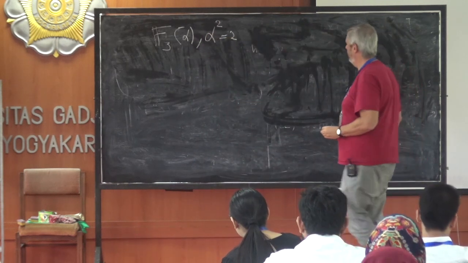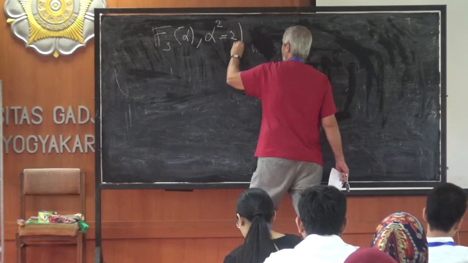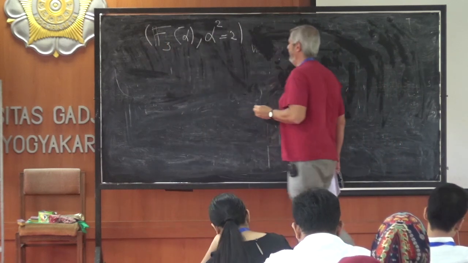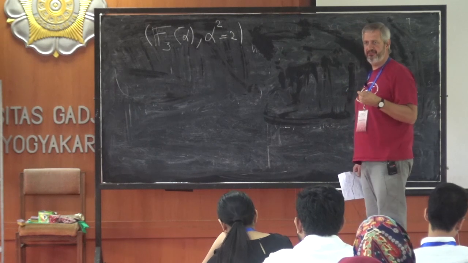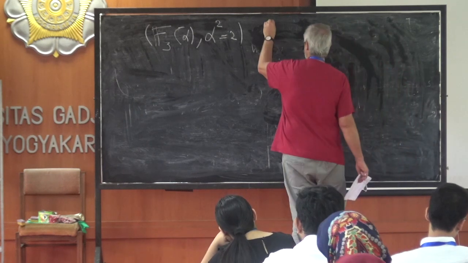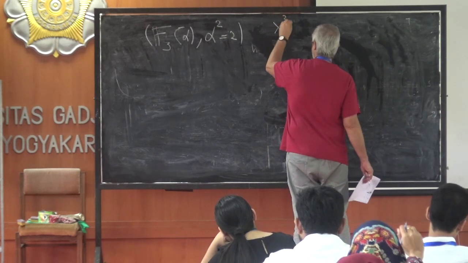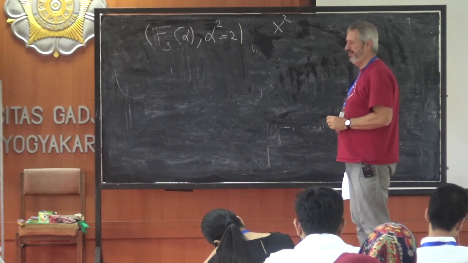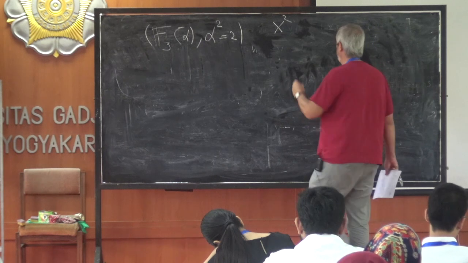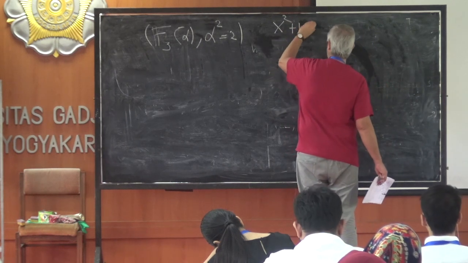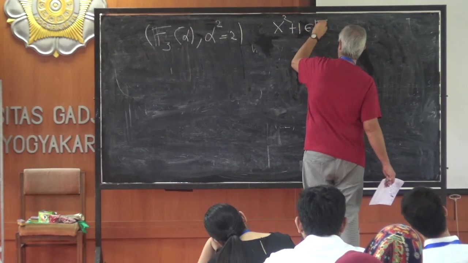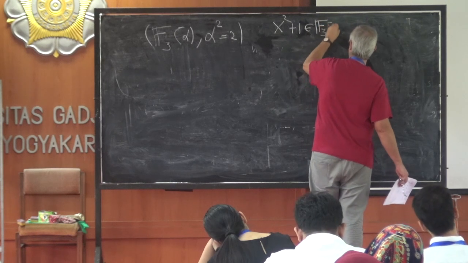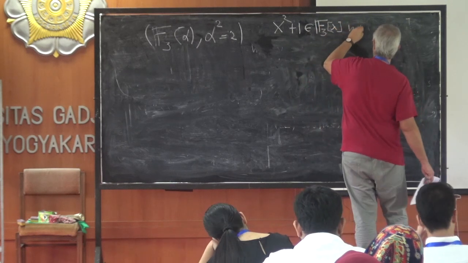Okay? So this is a field, I claim, and in order to prove that this is a field, one has to check that the polynomial x squared minus 2, right? Which modulo 3 is x squared plus 1, is irreducible.